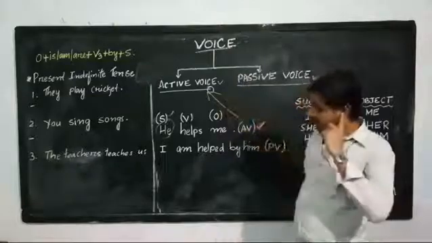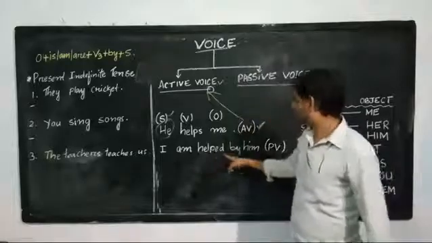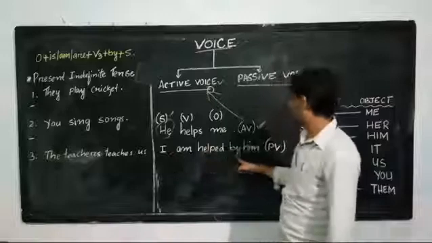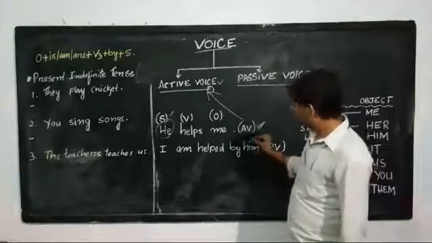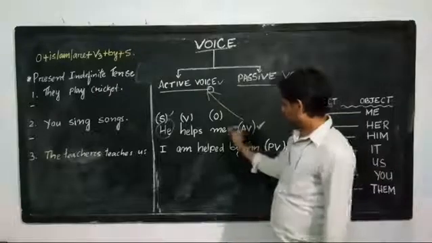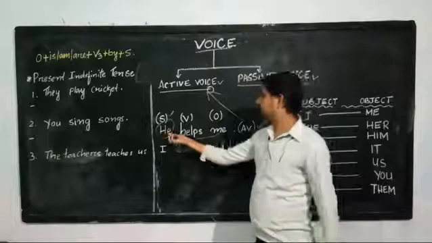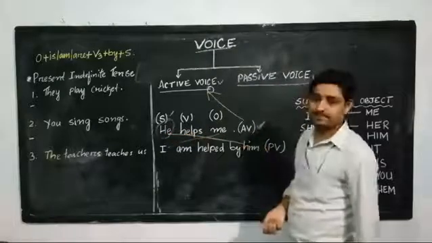And now the other sentence, you see: I am helped by him. Here the object becomes the subject, and the subject in the active voice becomes the object in the passive voice.